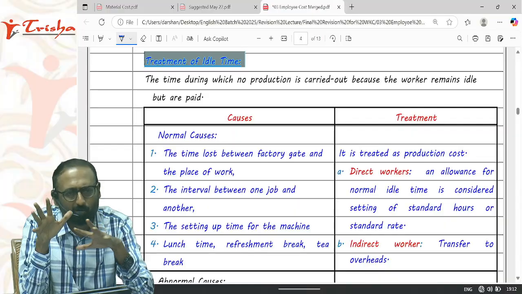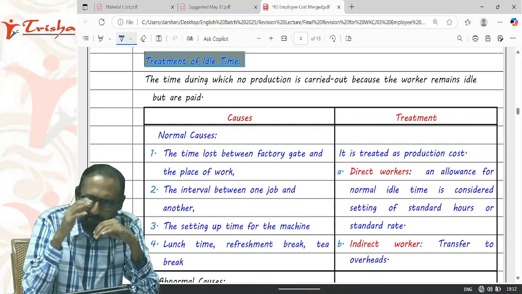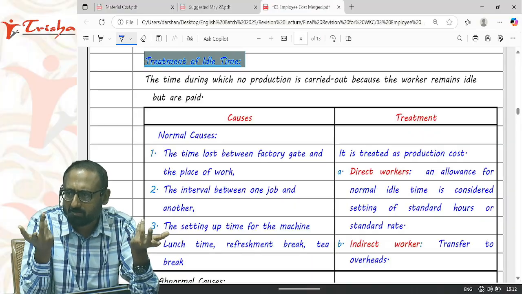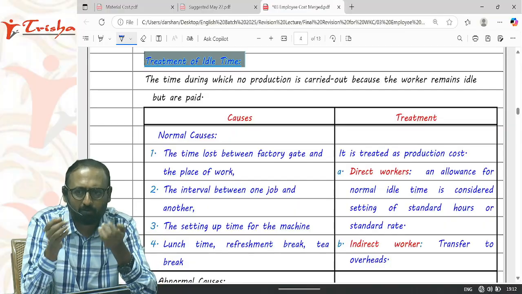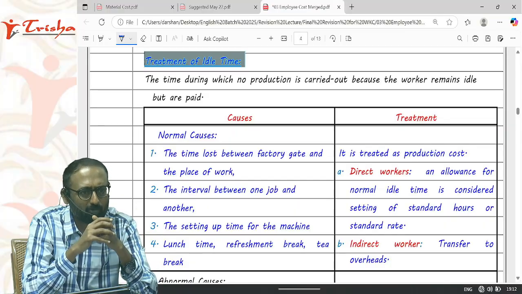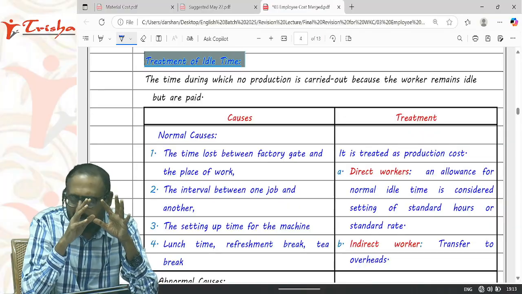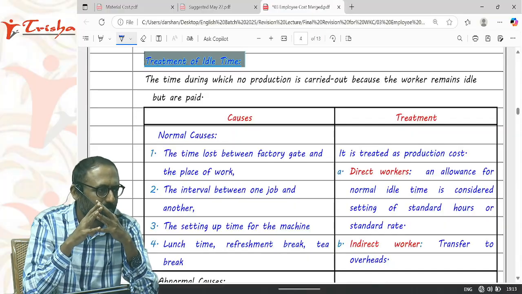These are all normal idle time. But abnormal idle time includes material not available, meaning a stock out, machine breakdown, power failure, strike, lockdown. These are abnormal idle time.